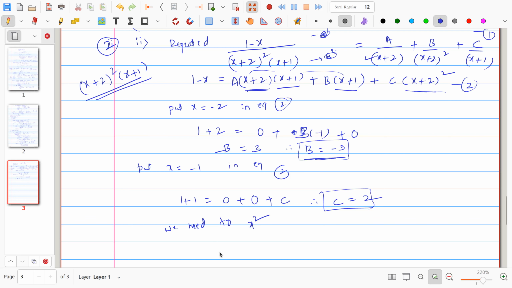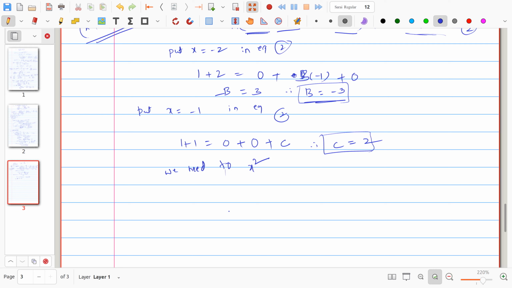On the left side we don't have x square terms in equation 2. We need to compare the x square term on both sides of equation 2.